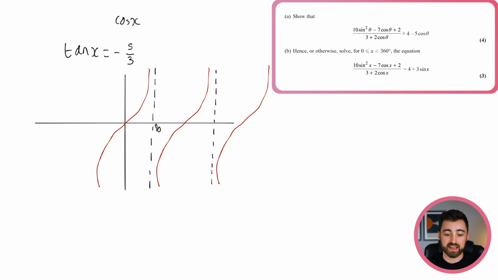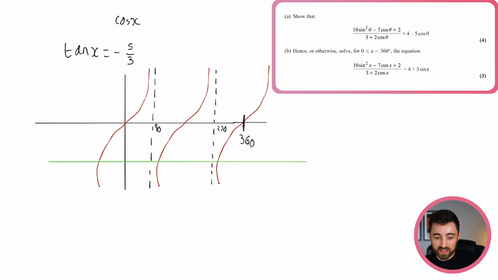And then basically it hits the x-axis at multiples of 180. So this jobby here is 360, and that is where my range ends, isn't it? So I'm looking for solutions between here and here. So it's minus 5 over 3 that I care about. So I'm just going to do a horizontal line at minus 5 over 3. So there. So that tells me that I am going to have 2 solutions in the given range.